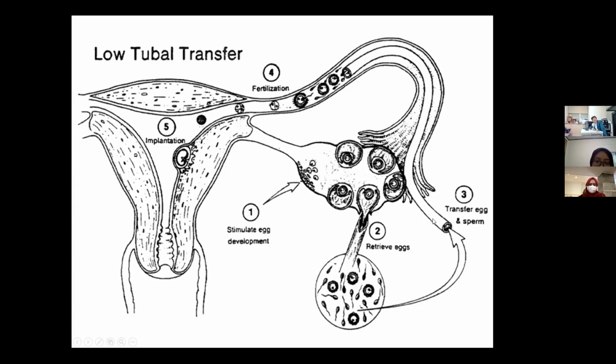So this is not very popular right now because the patient needs to have two surgeries, one to retrieve the egg and another to transfer the egg and sperm. So right now, we do not see it frequently. We do the embryo transfer. If you have a good laboratory, then you can let the sperm and the egg come together. You can find which one is good, the zygote. So we need to have good laboratory technique.